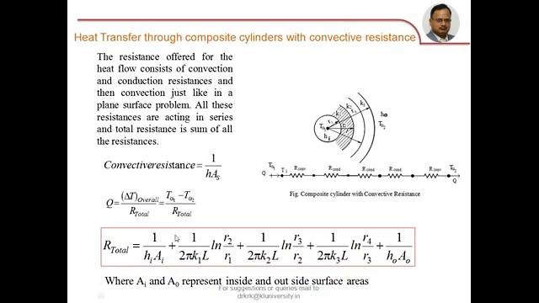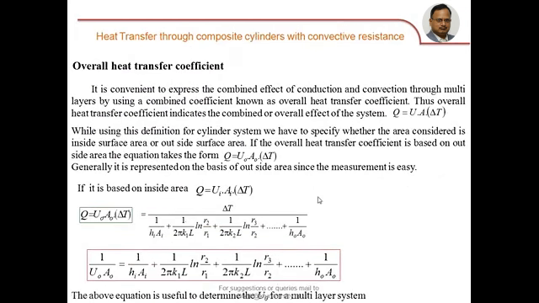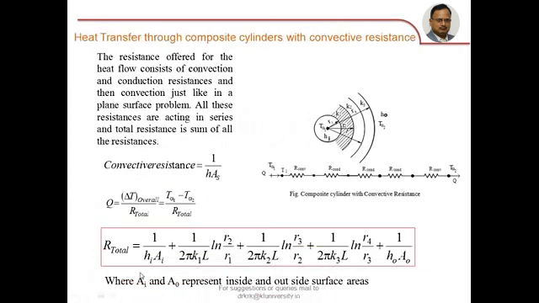So the total resistance is inside resistance due to convection plus multiple conduction layers plus the convective resistance at the outside. If you carefully observe, this involves logarithms and then reciprocals, etc. Calculation of R total is generally a tedious thing.